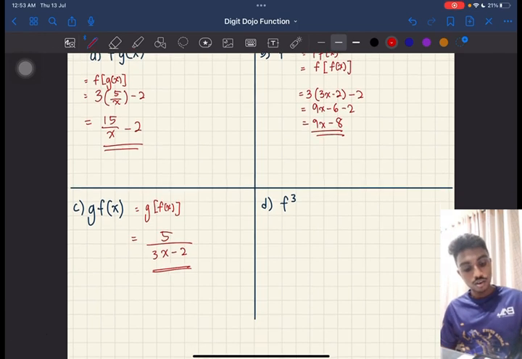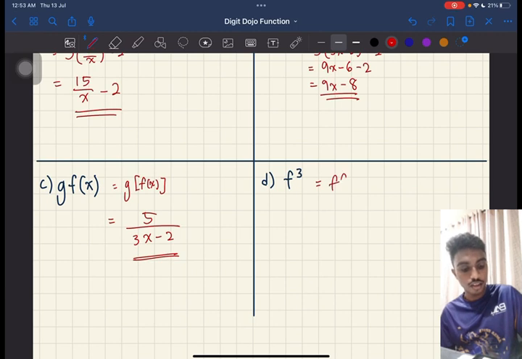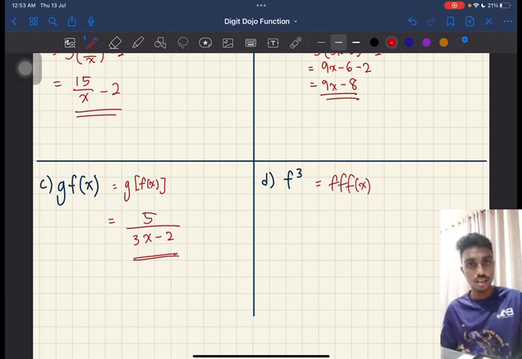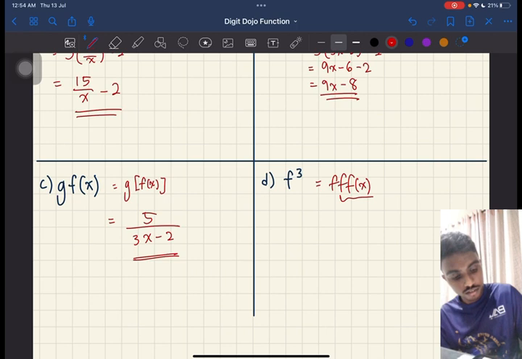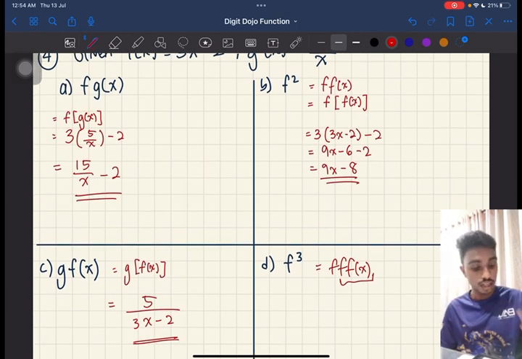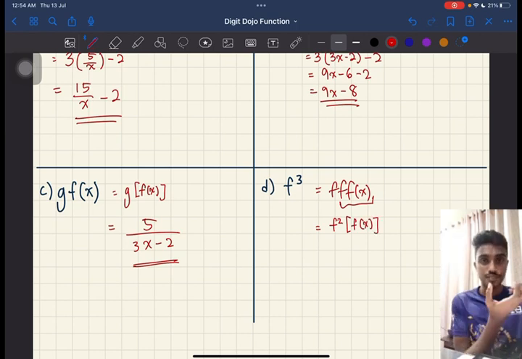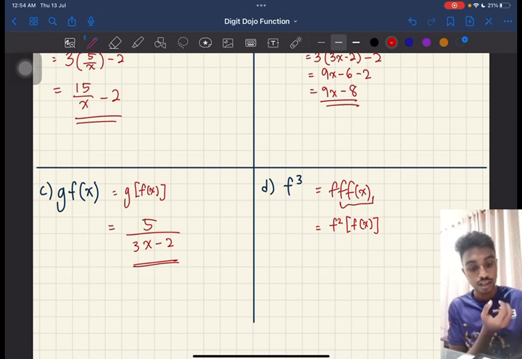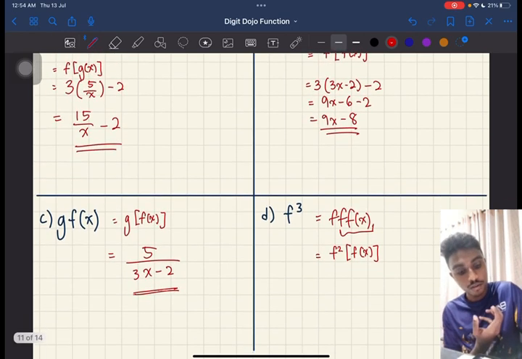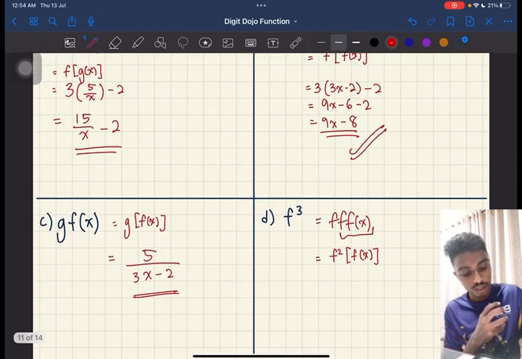And finally your f cube. How to do f cube? f cube is f square of fx, and we found f square already just now. What is it? 9x minus 8. So you just take your fx and substitute in your f square. Your f square is 9x minus 8, and your fx is 3x minus 2.